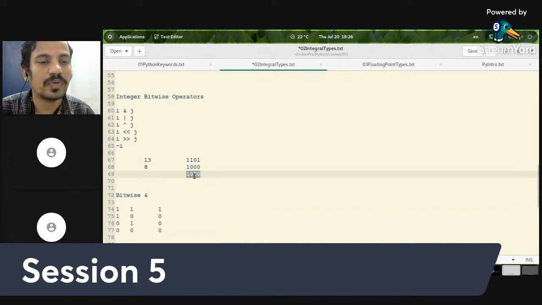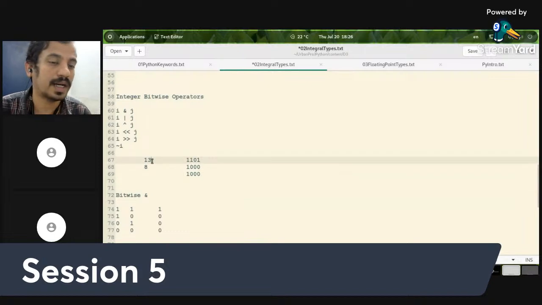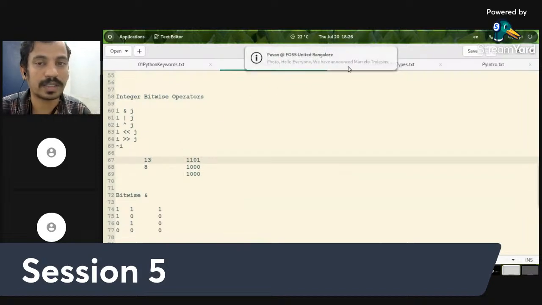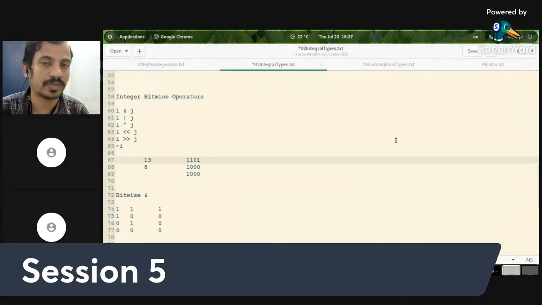Okay, so when we perform a bitwise and, the result will be of this form. Unlike our earlier operation, suppose I said 13 plus 8, the operations were done on the whole values, not on their binary representations.